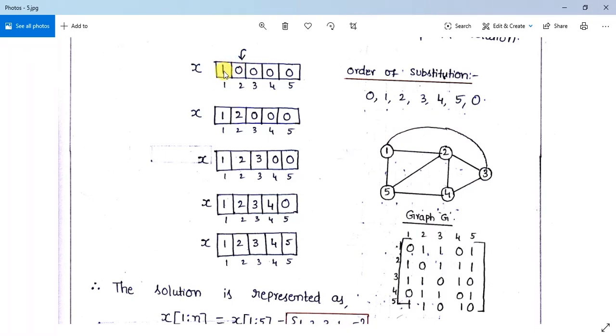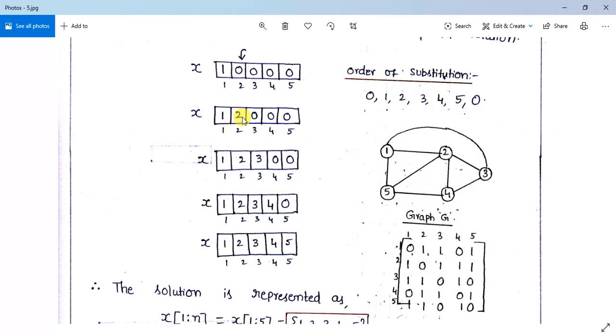No, only 1 is visited, so I can put 2 here. Next, what is the second condition? If I put 2 here, there should be an edge to the previous vertex. 1 to 2, is there any edge? 1 to 2, edge is present, so I can put 2 here. Two conditions are satisfied.